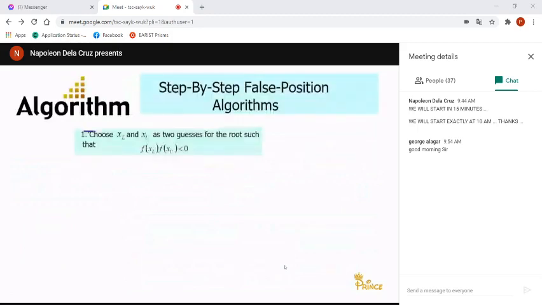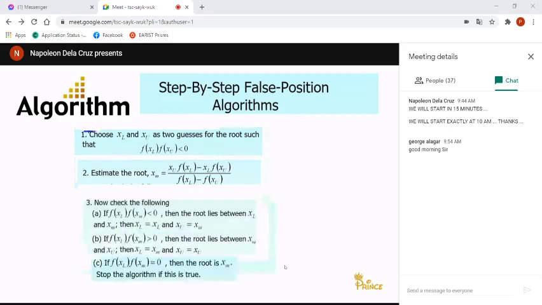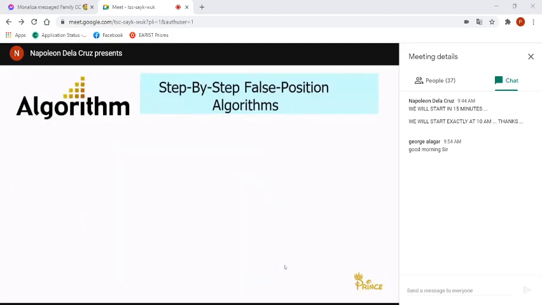The first step is to choose the two guesses, xL and xU. Yung mga unang discussion natin, ina-assume natin yan as A and B. This time, xL and xU. Then estimate the assumed root, and check the following conditions. Later on, we will find out what the conditions are.